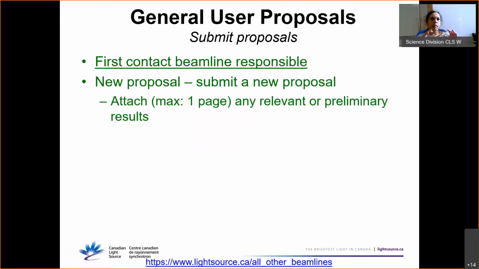The proposal is a 4-part proposal. You will see when we log into the system. Also, you can attach a maximum of 1 page as an attachment. So any related information. You cannot put figures and things like that in the proposal. It's just text based. So if you want to attach a figure or you want to include some more references, because there is a word limit in the proposal, you can use this 1 page.